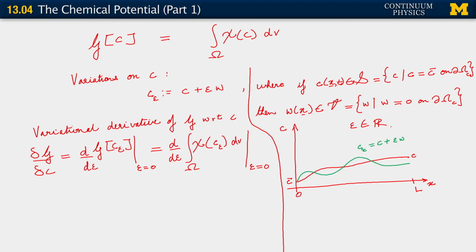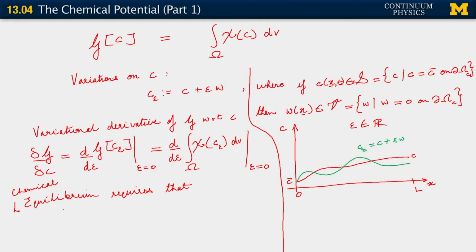So this is the variational derivative, and of course for chemical equilibrium, unlike mechanical equilibrium that we studied before, we require, remember, equilibrium is an energy which is extremized.